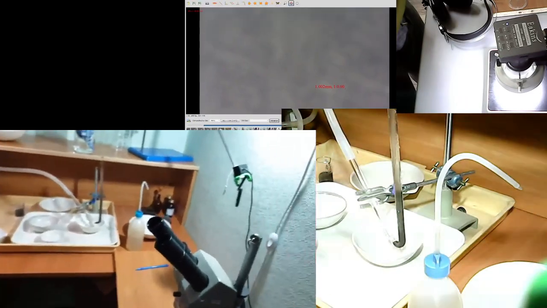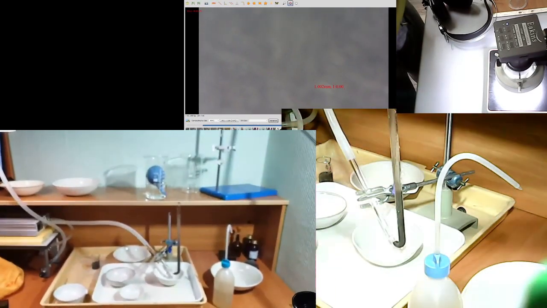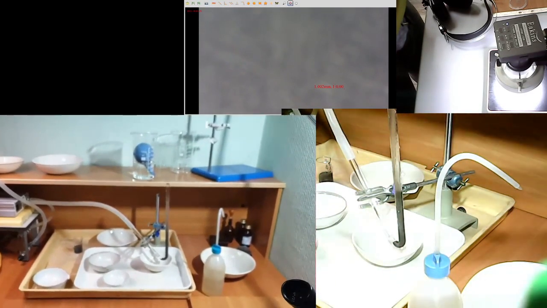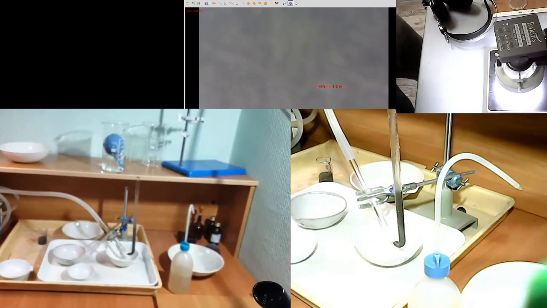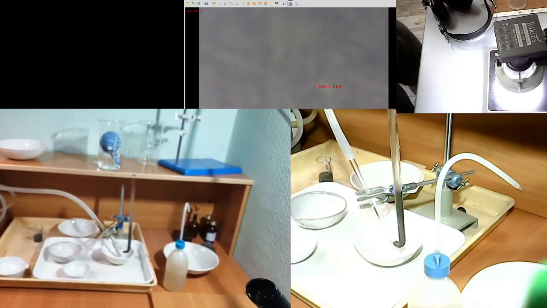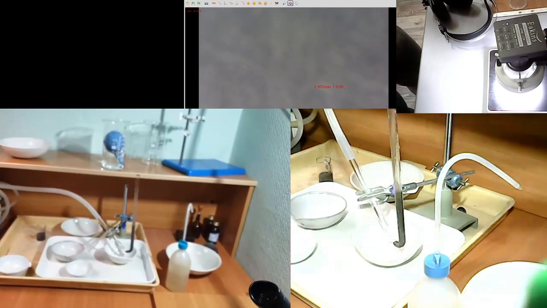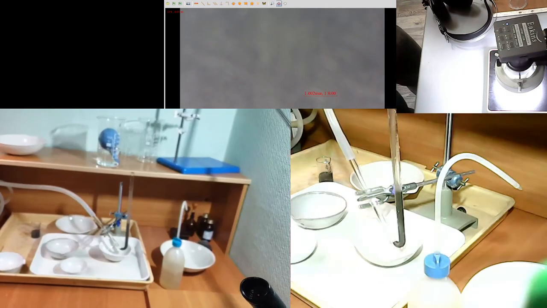Yet again, guys, feed the glass GST using the glass funnel. So we have about 2/3 of the GST filled with the fraction.